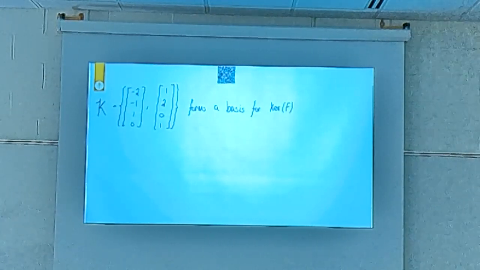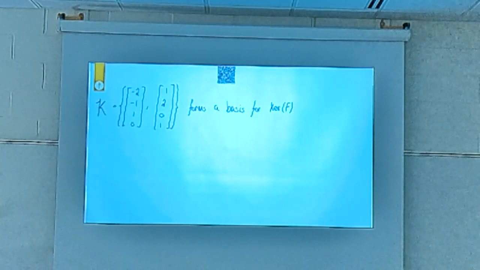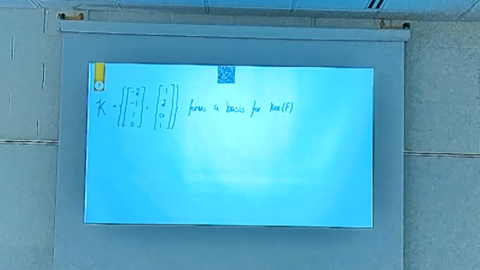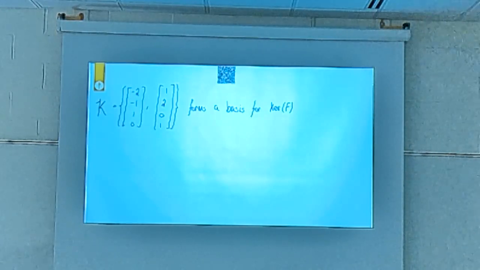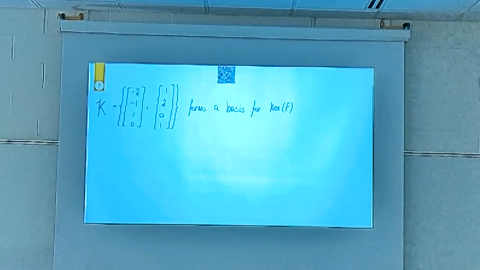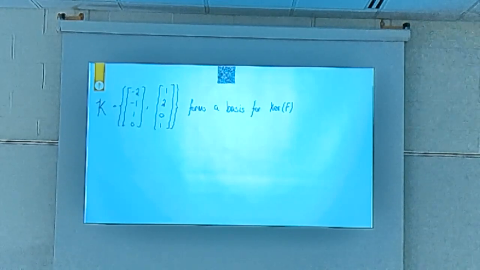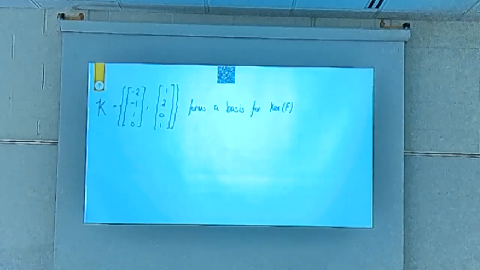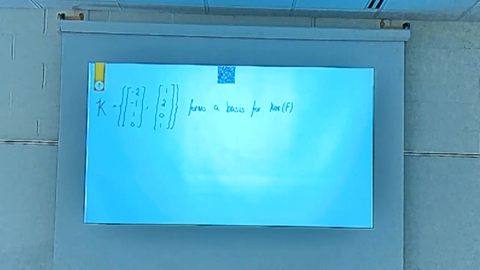Right, it's obvious that they span because it's a linear combination of r and s. Every vector can be written as a linear combination of these two vectors. And it shouldn't be difficult to show that it's also automatically linearly independent.